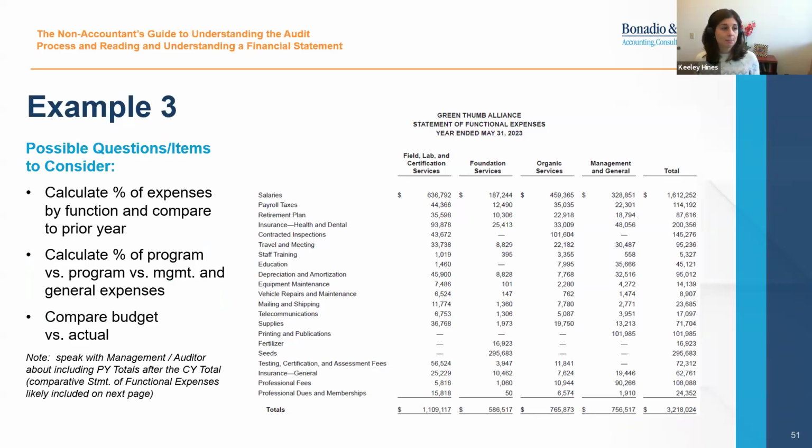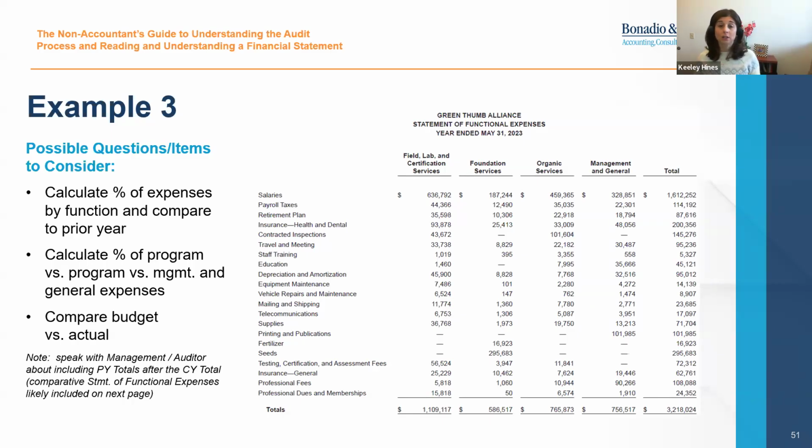So some possible questions or items to consider. So really calculating the percentage of expense by function and comparing it to prior year. Calculate percentage of program versus management in general. So if you're in a position where you do need to make cuts, where is there a program that perhaps is very expensive to administer?